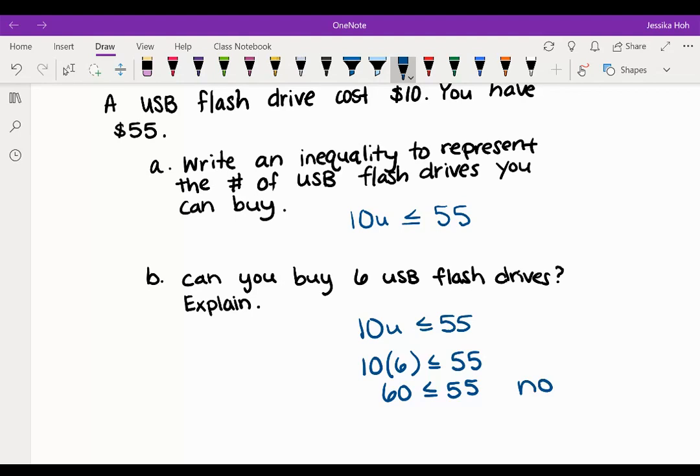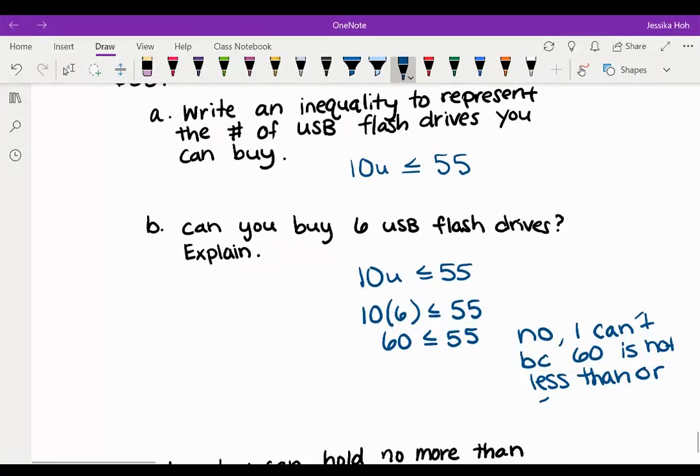No. I would have to buy fewer than 6 in order to make my inequality true. So no, I can't, because 60 is not less than or equal to 55.